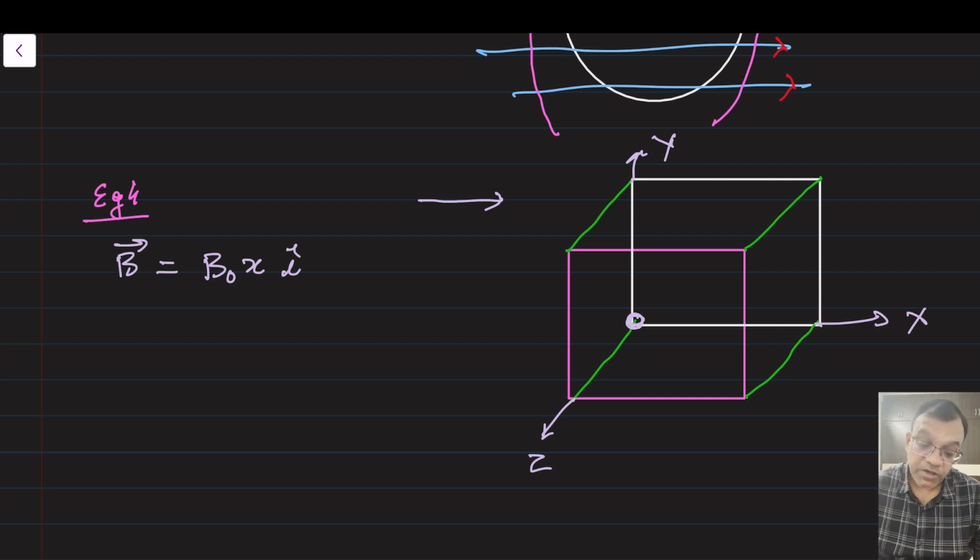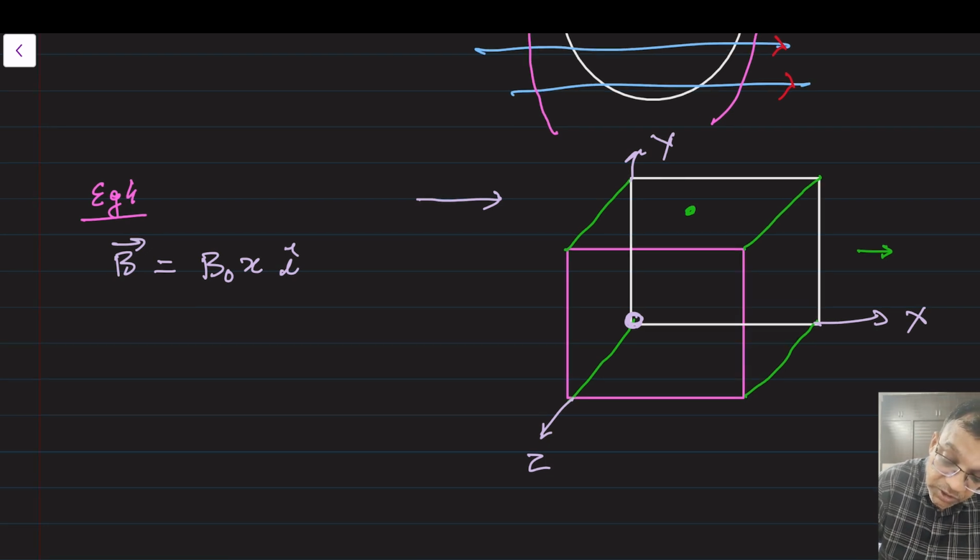Now, see it clearly, the magnetic field is only in this direction. There are 6 faces. This is the top face and this is the bottom face. For the top and bottom faces, the area vector is along the positive y-axis and along the minus y-axis, but the magnetic field is in this direction.